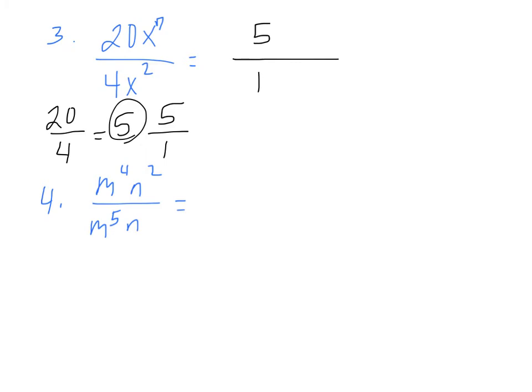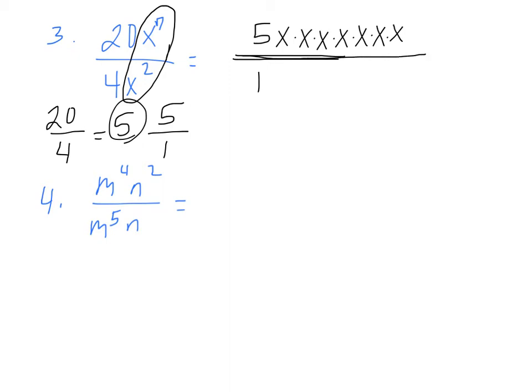And now our focus is on x to the 7 divided by x to the 2. Notice I've successfully rewritten x to the 7th power by writing it out, and then our 2 x's on the bottom.